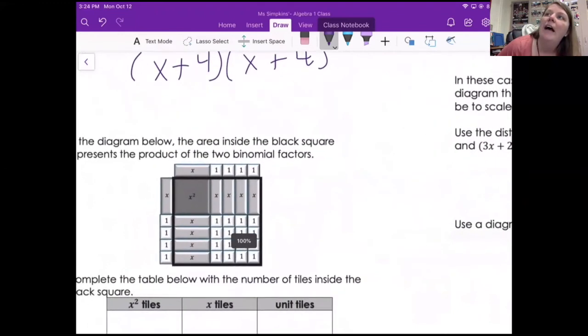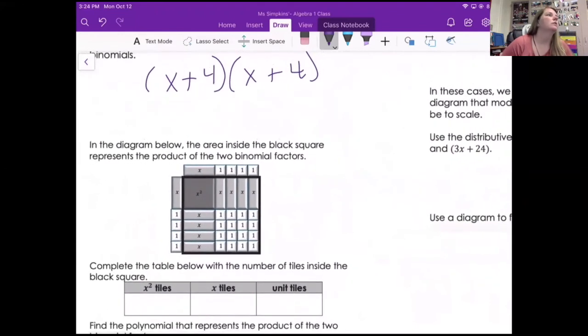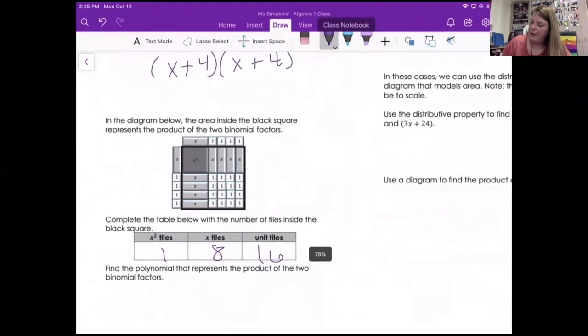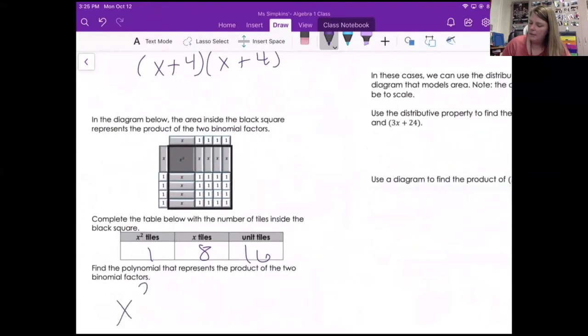So I have how many x squareds? 1 x squared. How many x's? 8 x's. How many ones? 16. And if I were to write that as a polynomial, I would write x squared plus 8x plus 16.